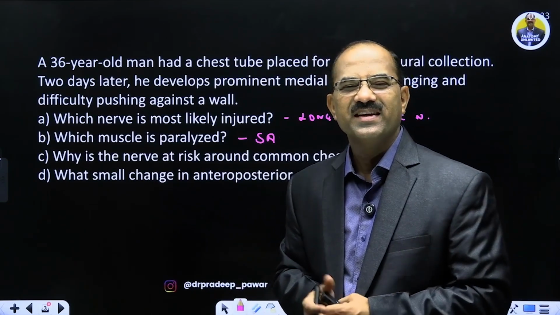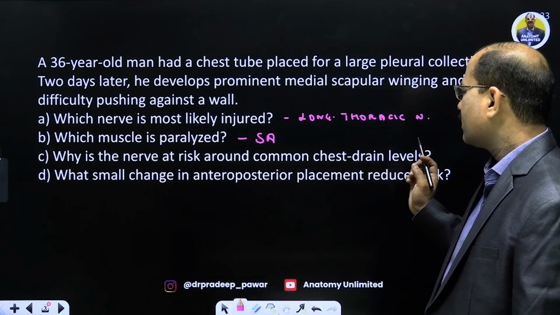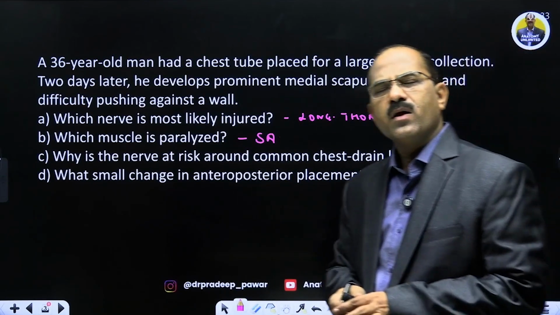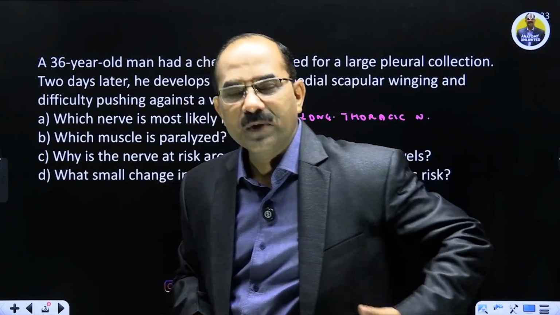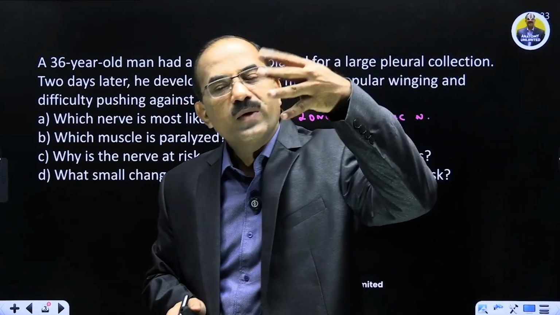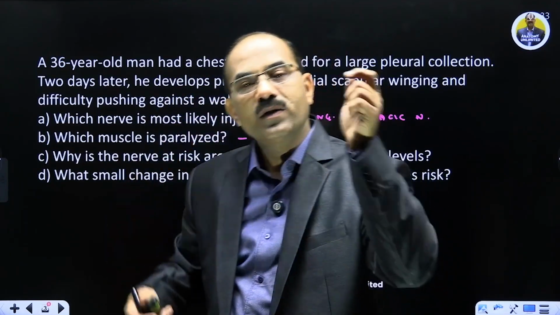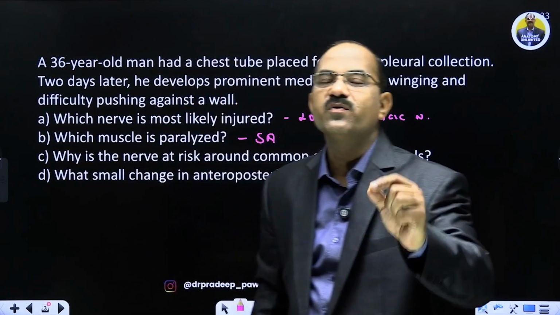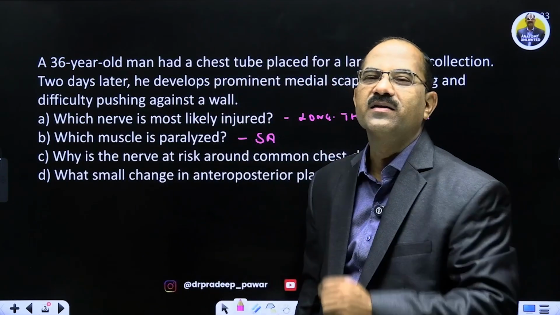Correct, students? Very good. Why is the nerve at risk around the chest drain level? Because when the drain is inserted from the lateral aspect of the chest wall, we are going to encounter the serratus anterior muscle and the nerve is running on it. So this nerve is most likely to be damaged while piercing the muscle.